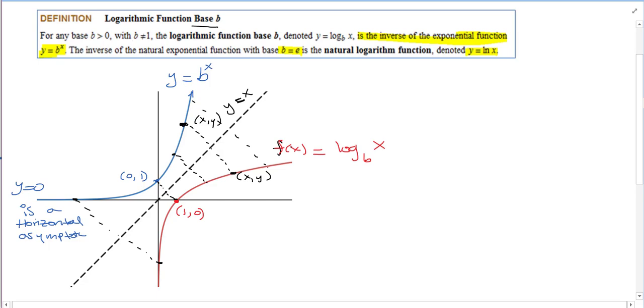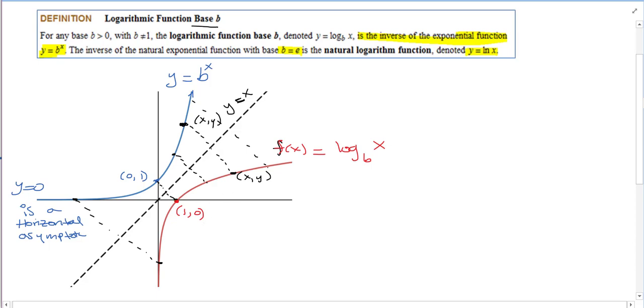And as the base changes, the graphs of these will change as well. You can think of when we did exponentials in the previous videos, we graphed 2 to the x, 3 to the x, and e to the x. So how did those relate to logarithms?